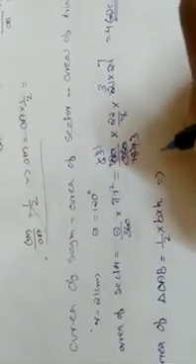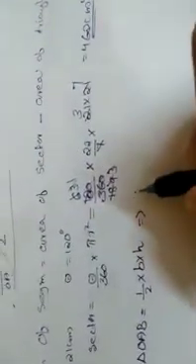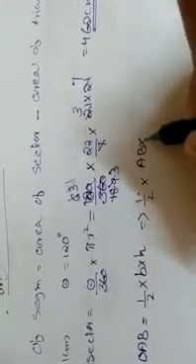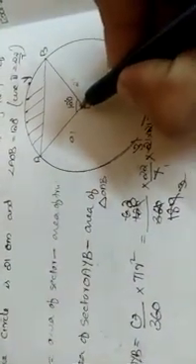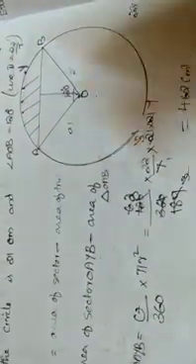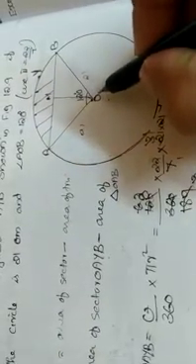Here our base is AB, so I'm going to write half into AB into height. What is our height? It is not given, right? So we draw one perpendicular, I'm calling the foot M. This will be our perpendicular height, that is OM.